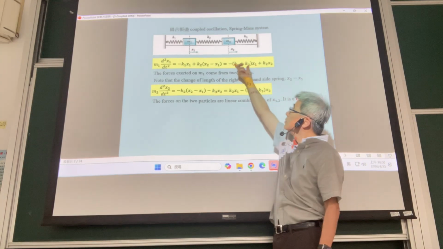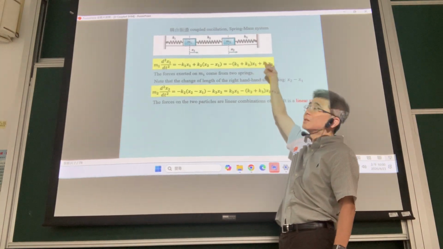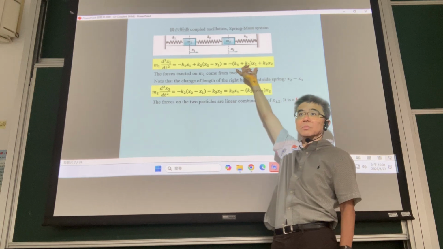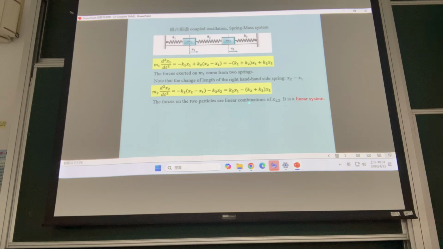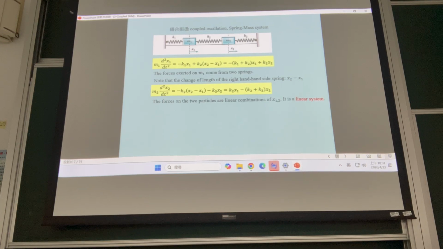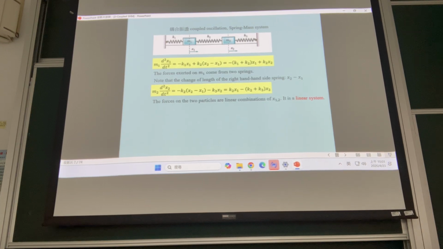So the forces are linear combinations of x1 and x2. It's usually called a linear system. Almost all physical systems in nature are linear systems.